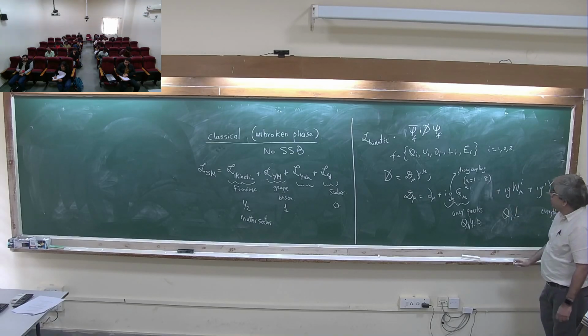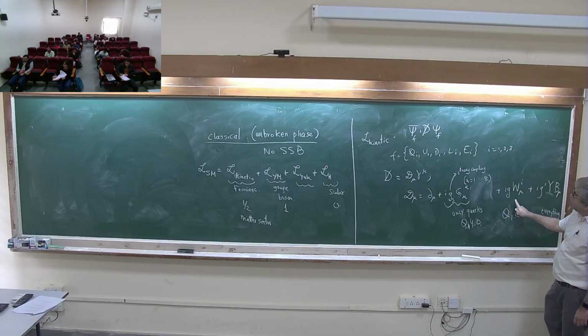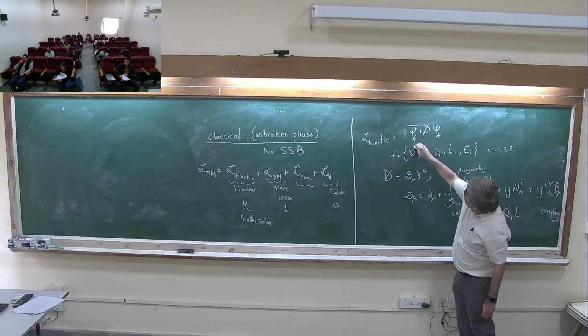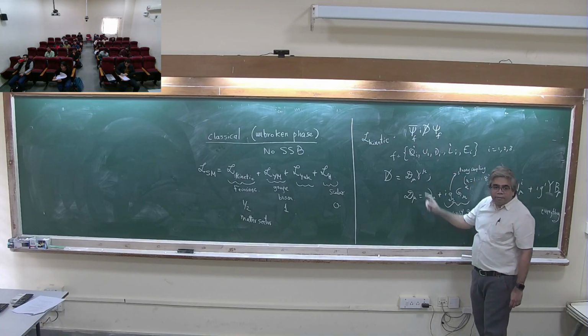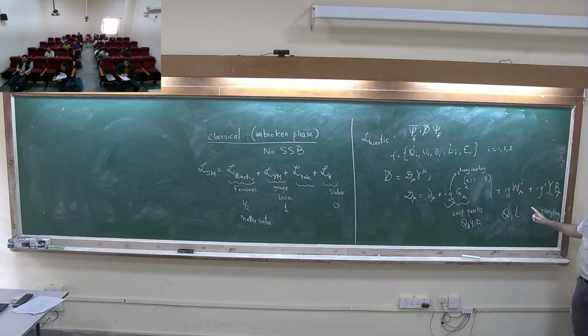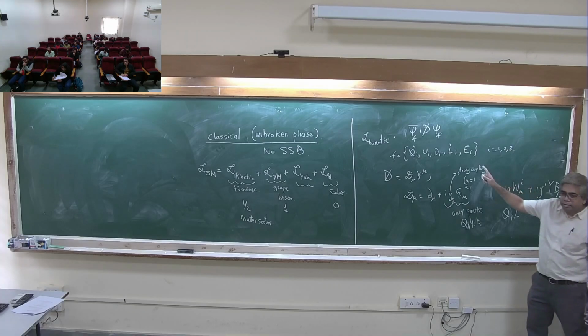The next term tells you that the left-handed parts, which are essentially these, will have a covariant derivative corresponding to the W's. This is the unbroken phase. I'll tell you what happens in the broken phase. The hypercharge B will act on everything, all the five fields.